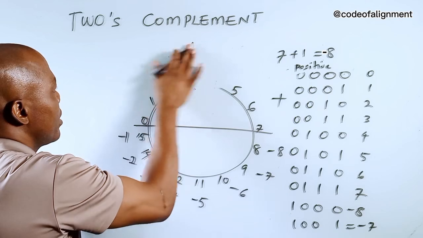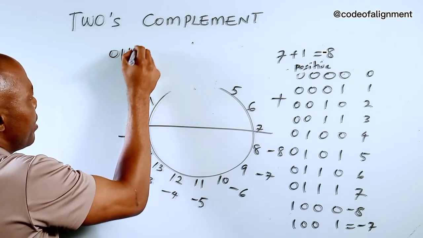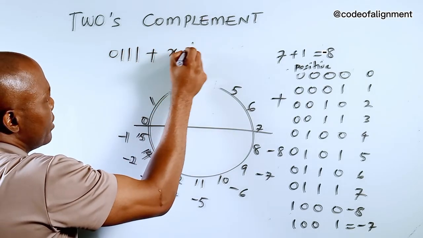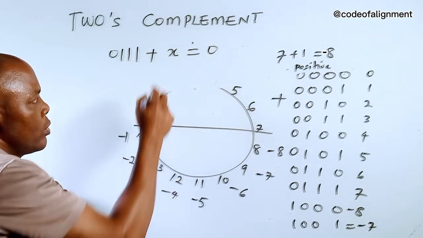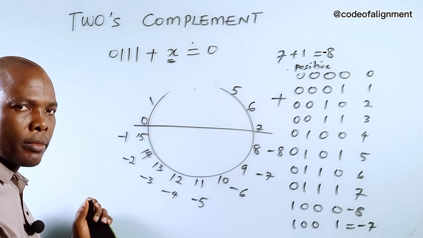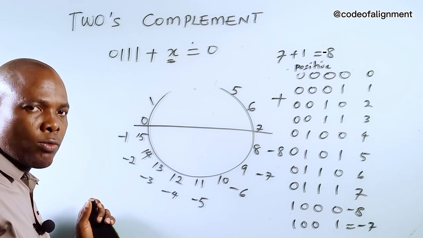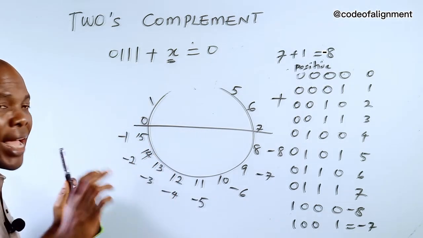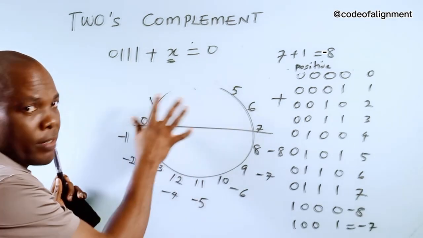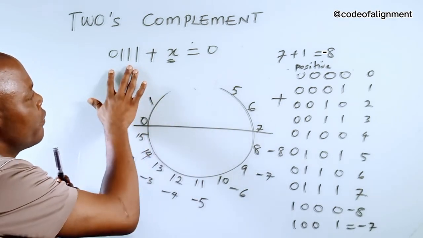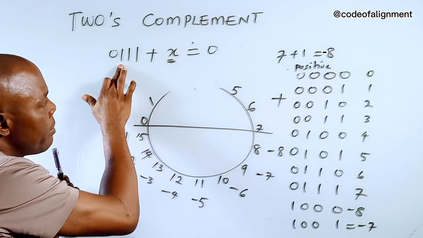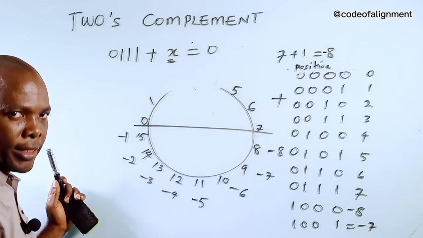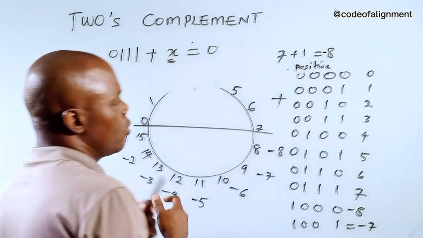So 0, 1, 1, 1 plus x equals 0. We are looking for a number, and that number must not be outside of this range, that when we add it to this number, it will give us 0. So what will we do?